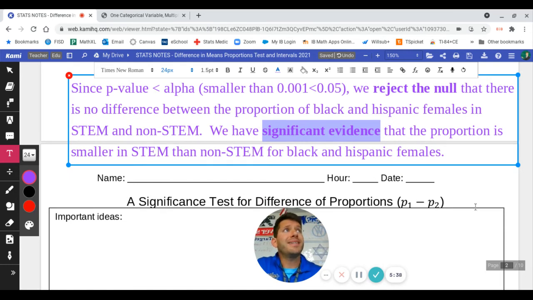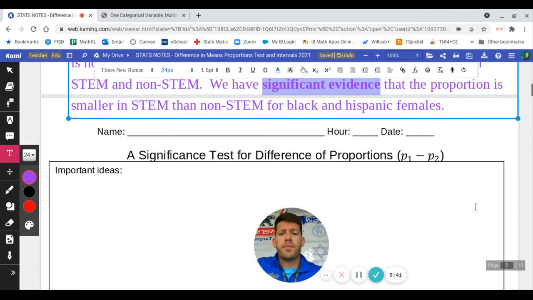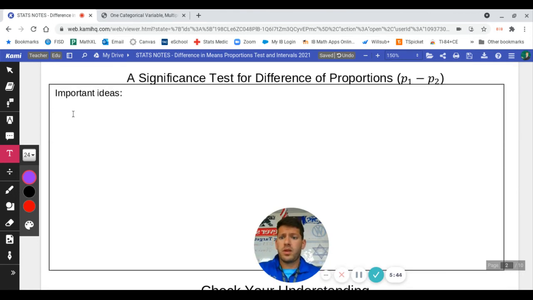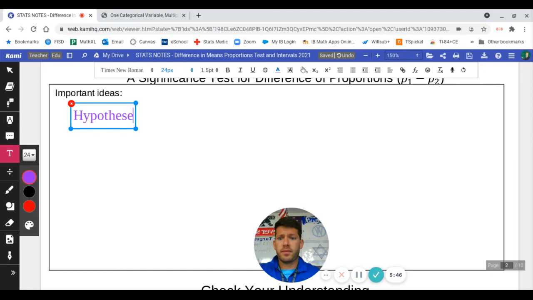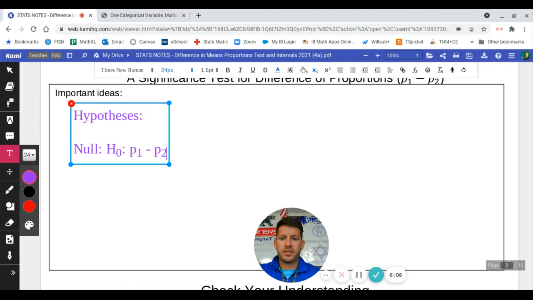So some important ideas down below. We want to talk about our hypotheses. So our null, H sub 0, is going to be the proportion of our first sample minus the proportion of our second sample equals 0, that there is no difference between the proportions.